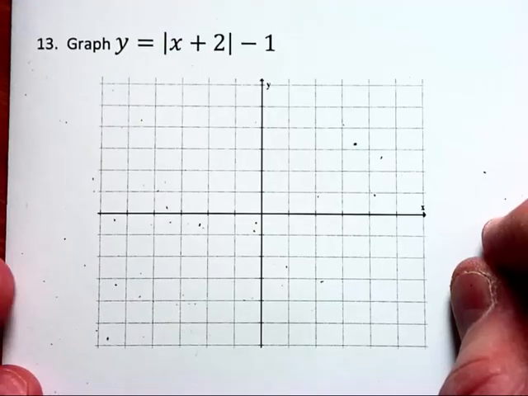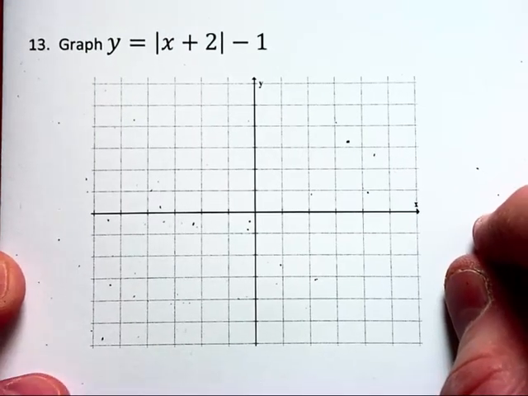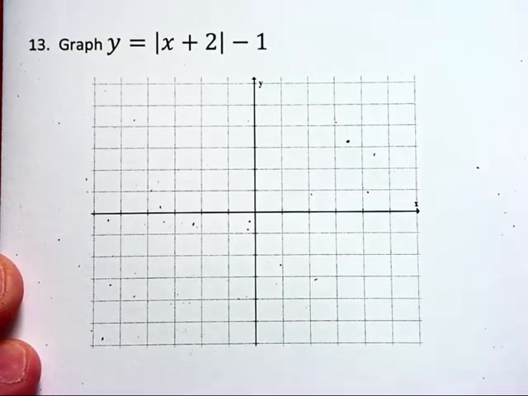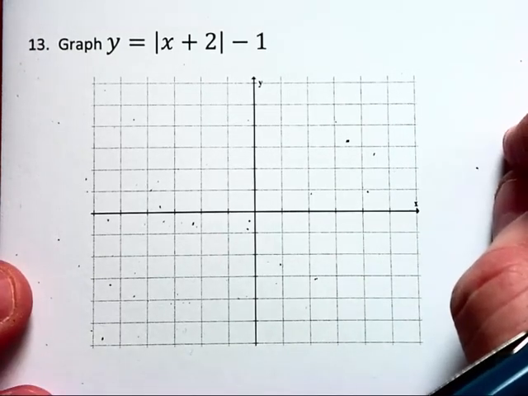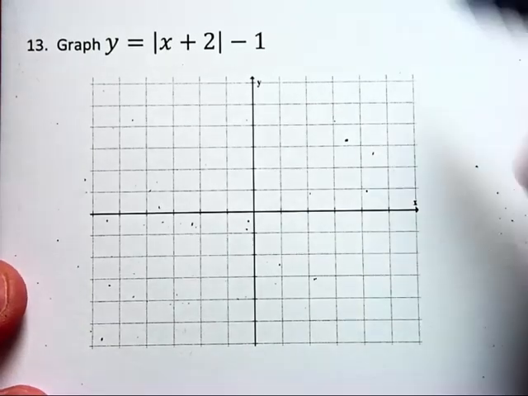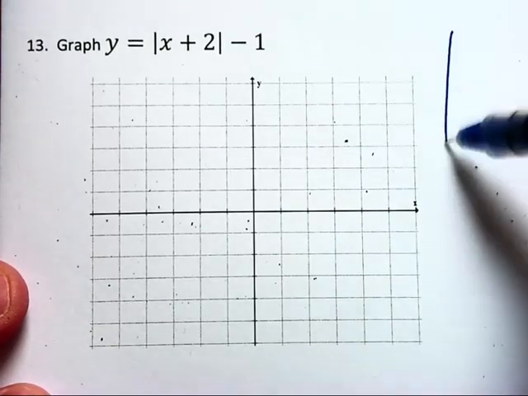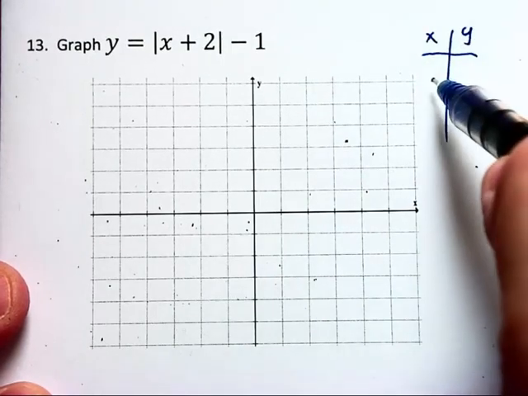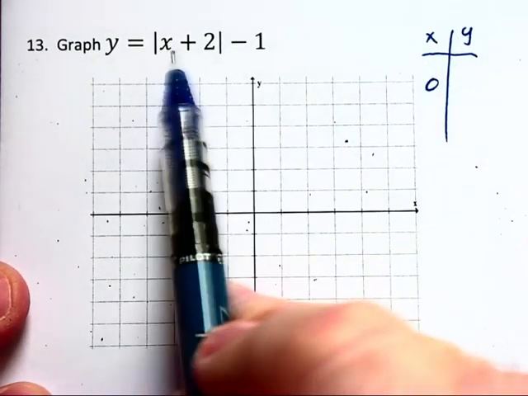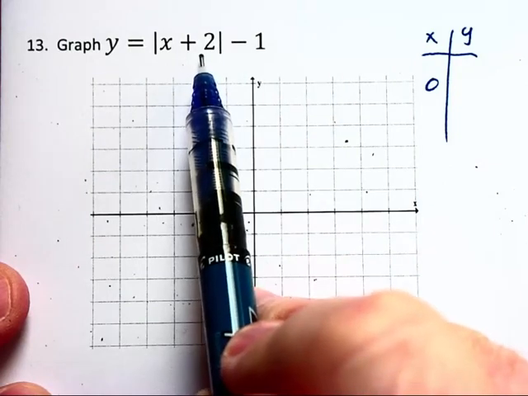Now we're being asked to graph an absolute value equation. Absolute value equations are always V-shaped, and if you're not comfortable with this, you can always use the XY chart. Now let's take a look at a few key values. Let's start with 0. 0 plus 2 is 2, and the absolute value of 2 is still 2.